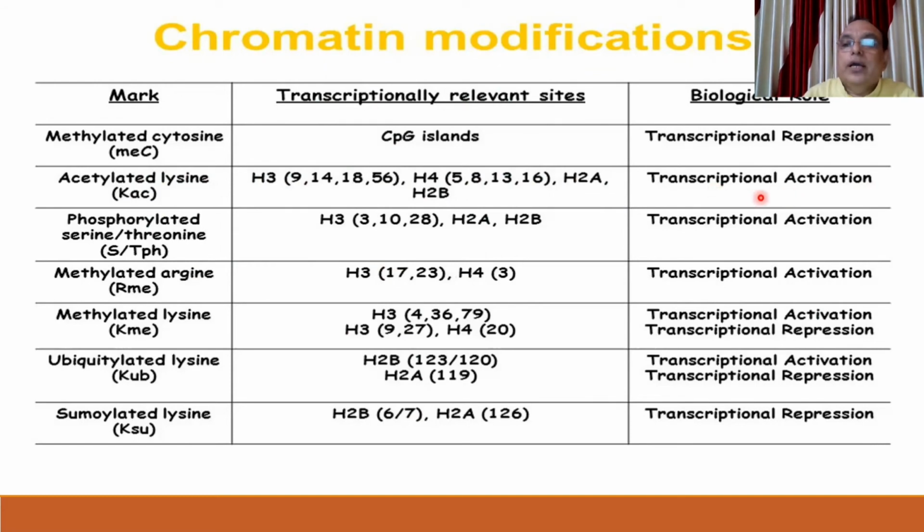I have told you earlier that if acetylation takes place, it will lead to the expression of genes. So in all cases, whether it is taking place in H3, H4, H2A or H2B, it is leading to transcriptional activation. Phosphorylation also leads to transcriptional activation.